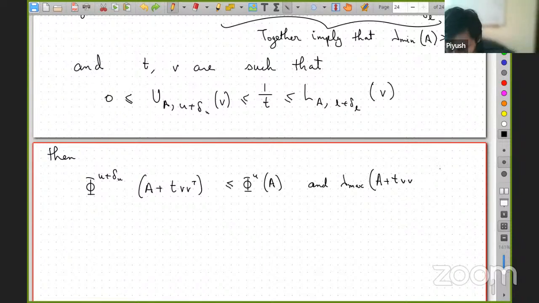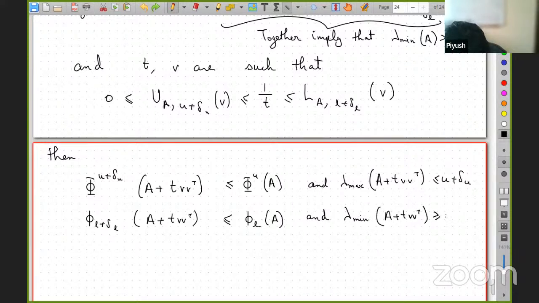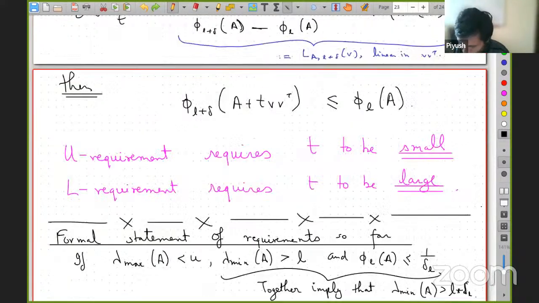So this I didn't explicitly prove, but this also we have to do. So by the way, how will you specify this?